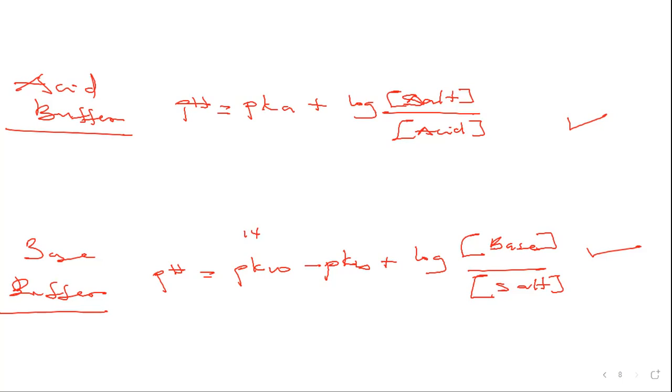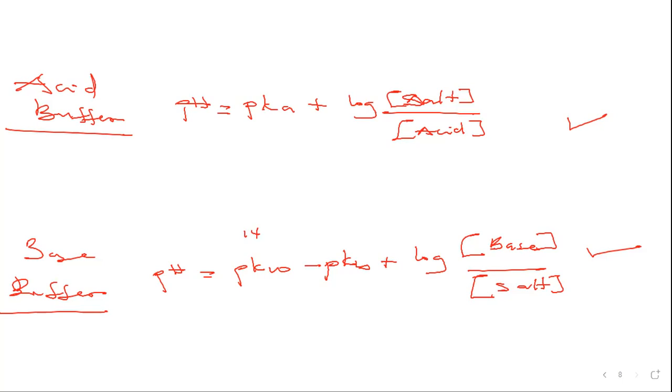So the next thing to ask ourselves is, which formula are we going to use? We have to use the formula for the acid buffer. So simply put, our pH will now be equal to, how do we get our pKa? We get our pKa by taking the negative log of our Ka.